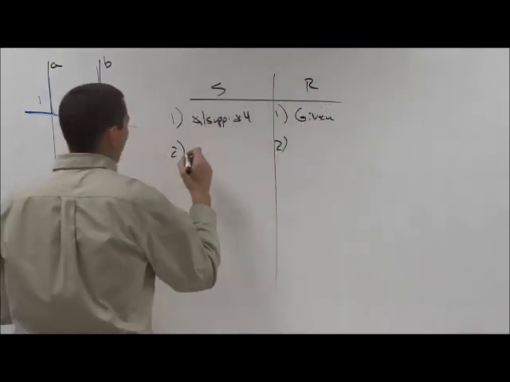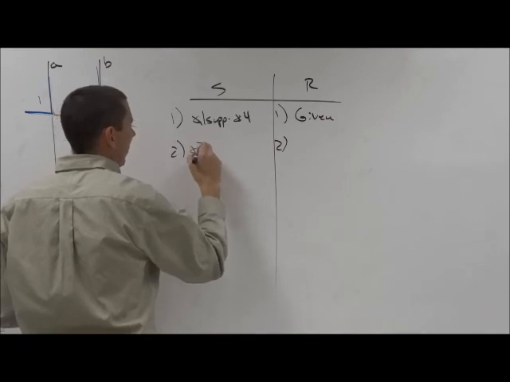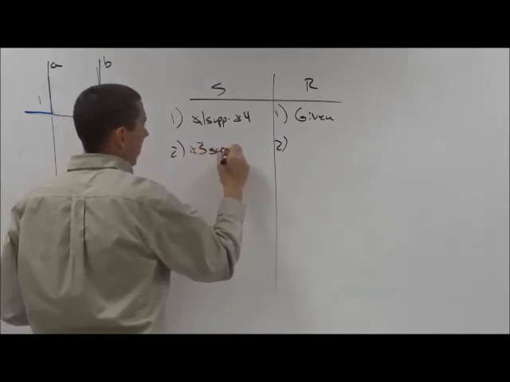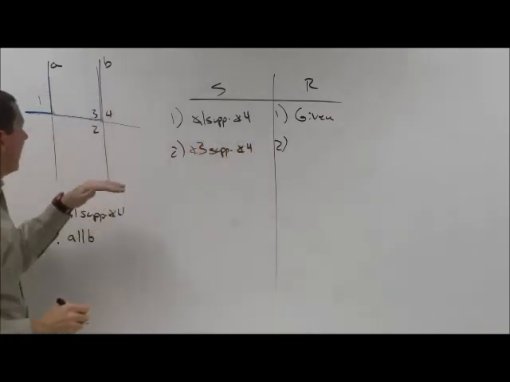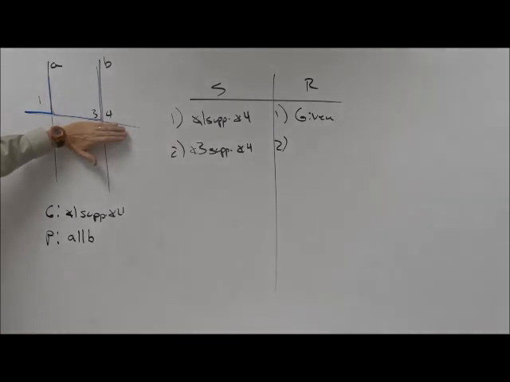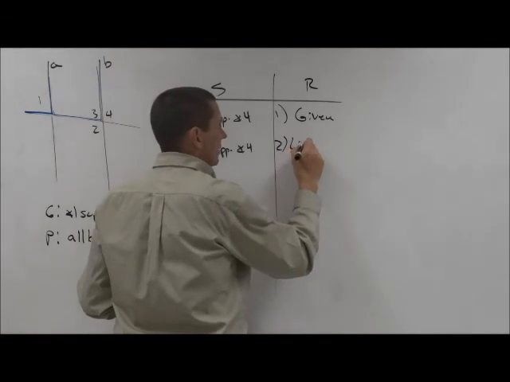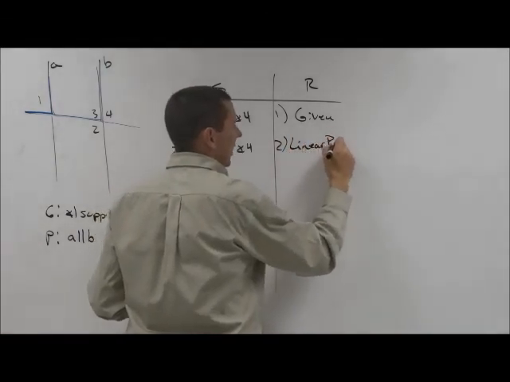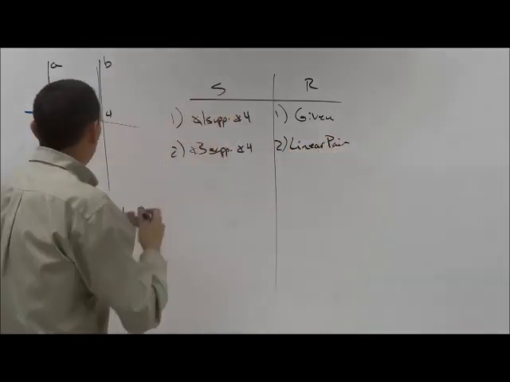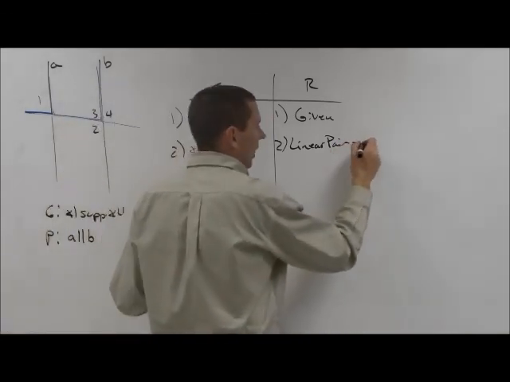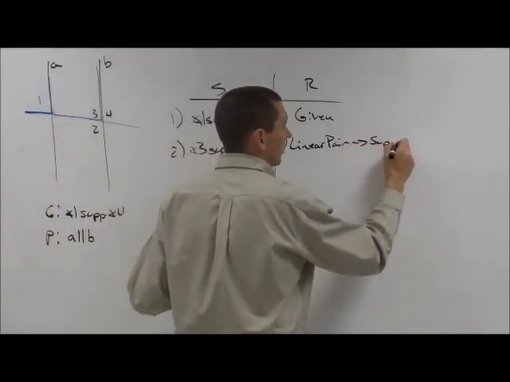Now how do I know angle 3 is supplementary to angle 4? You might be looking at it and saying, I don't know. That's a linear pair. That was one of the things that we said would give us supplementary angles. So we could say linear pair: two adjacent angles whose non-common sides form opposite rays imply supplementary angles.